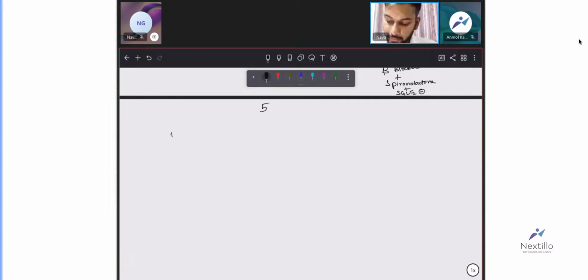First is definition. Yes, definition, what I've told you: it is a complex clinical syndrome due to a structural or functional abnormality that is causing impairment in filling or pumping.